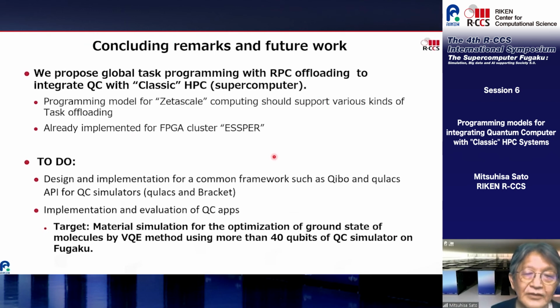In this context, the programming model for the next exascale or zettascale computing should support various kinds of task offloading. Quantum computer offloading is one of these. This model is already implemented and validated for the FPGA clusters, which are connected via Fugaku.